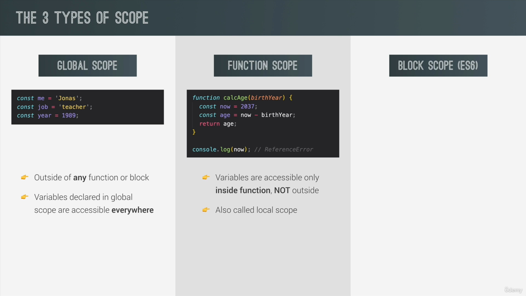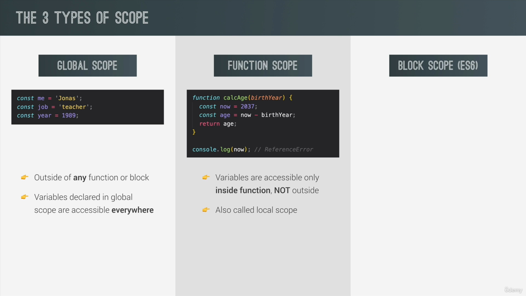Anyway, in this example here, the now variable is 2037 inside the calc_h function, and therefore we can use it in the function to do calculations. But outside of the function, as we try to log it to the console, we get a reference error. So JavaScript is trying to find the now variable in this global scope, so outside of the function, but it cannot find it. And so there is going to be an error.